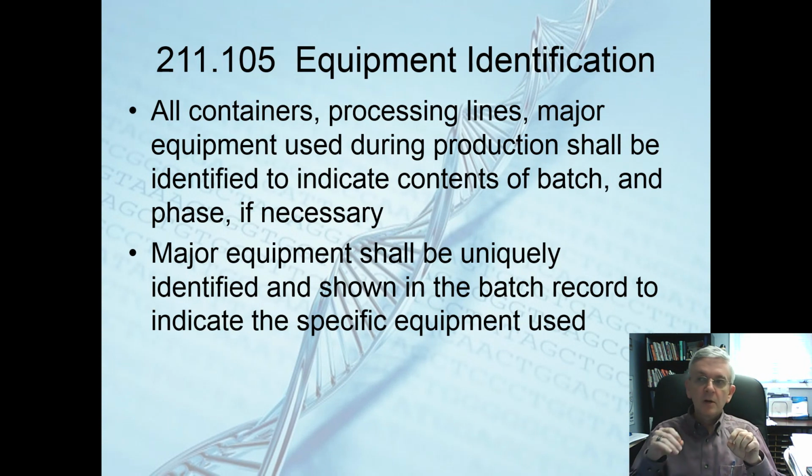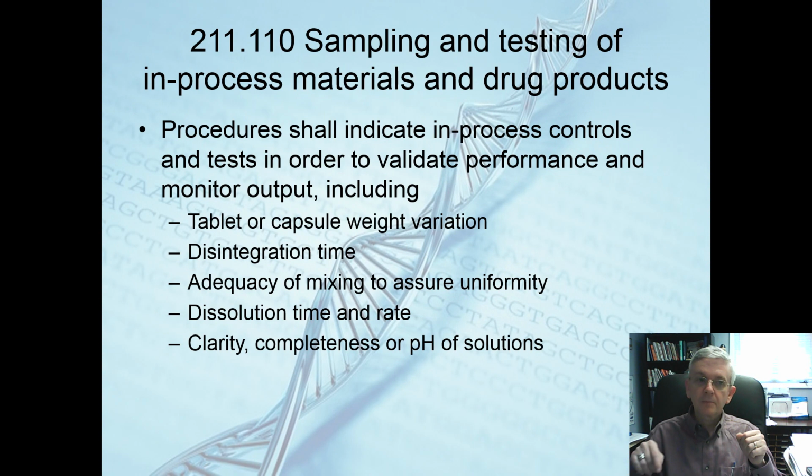Room number, equipment ID number, whatever it happens to be. Now, major equipment does not mean a scoop has to be identified. That means the V-blender has to be identified. The tablet press has to be identified to make sure that you understand what piece of equipment was used on.